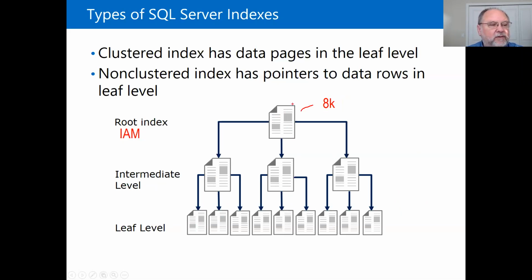That means it can only contain roughly 8,000 pointers. They say roughly because there's some header information and that kind of thing, but roughly 8,000 records, pointers. If you have more than 8,000 records, it can't contain all of them, so it creates these intermediate pages.